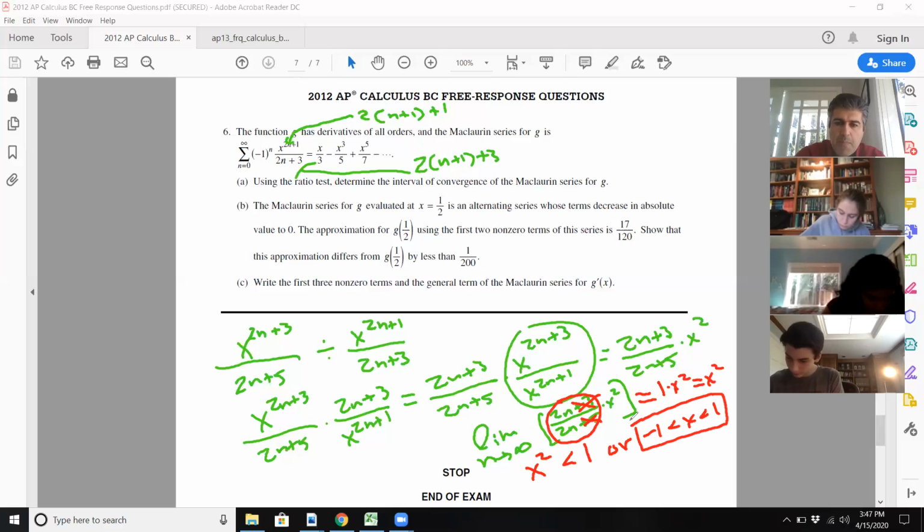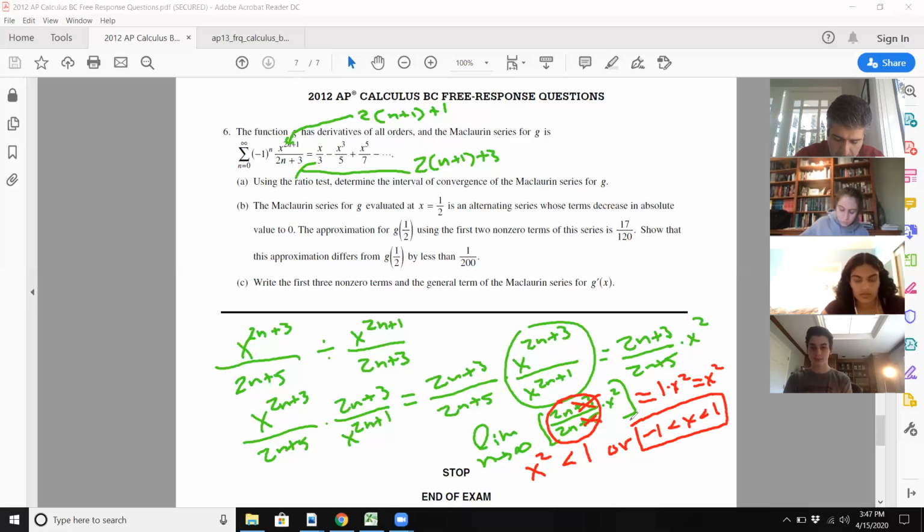So that's part of the ratio test. And we'll go over some other problems like that, but that's what they're really looking for. They do want you to actually consider the endpoints. So if you were to plug in like -1 and 1, let's actually see what happens. So let's actually plug in the endpoints now.